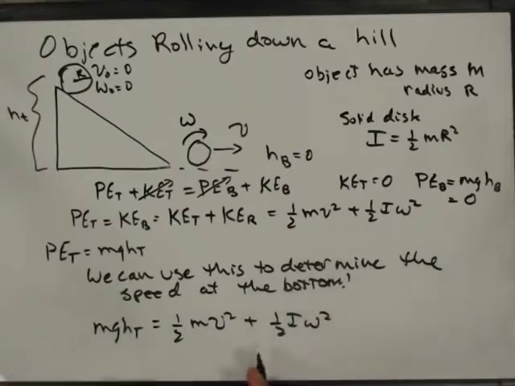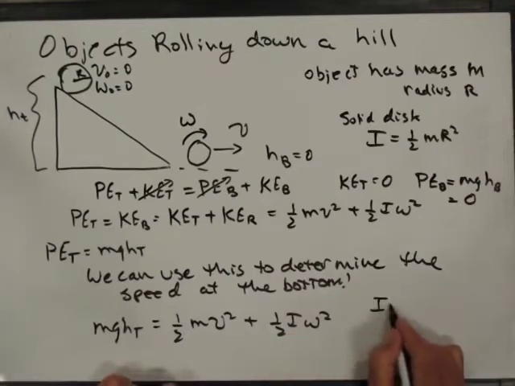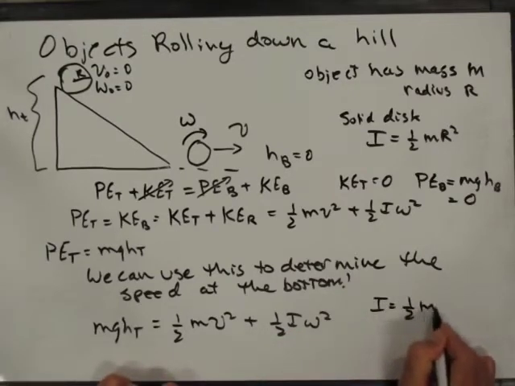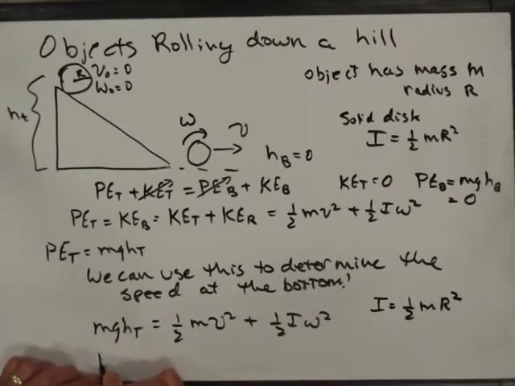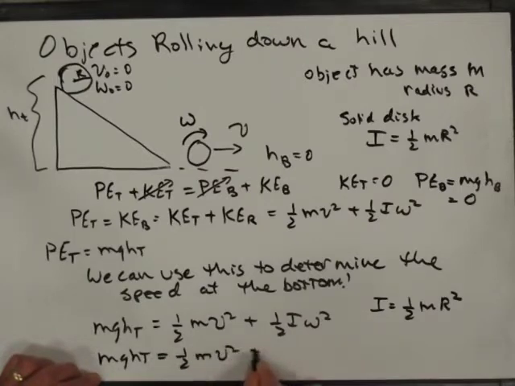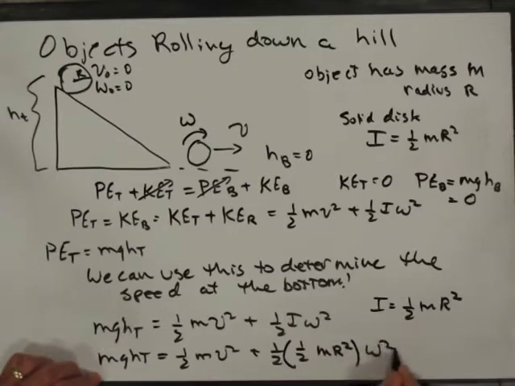You say, well, there's a lot going on here. Well, remember that I is equal to 1/2 m r squared. And so this becomes mg h top equals 1/2 m v squared plus 1/2 times, instead of the I, 1/2 m r squared omega squared.